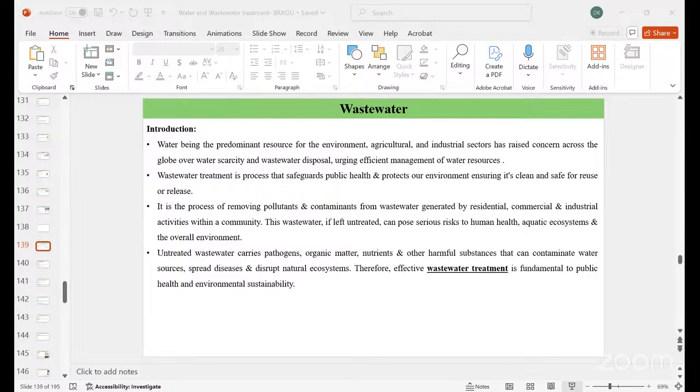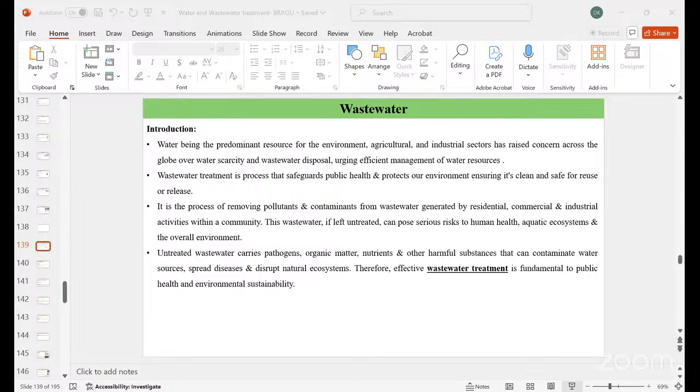Next one, the degree of treatment. There are different degrees of treatment depending upon factors like the source of water and the receiving water body. The source of water, mainly domestic, industrial, or agricultural, or a combination, will have a characteristic pollutant profile.